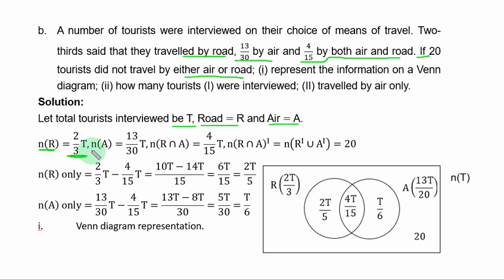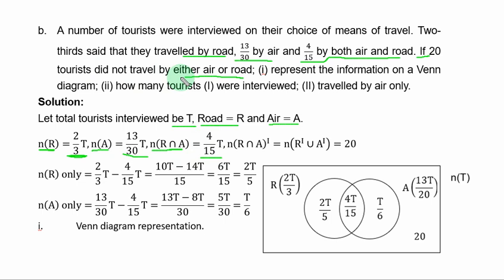Those that traveled by air, 13/30 of T, total tourists. Those that traveled by road and air, that is the intersection, 4/15 of T. Now, this statement, 20 did not travel by either air or road.